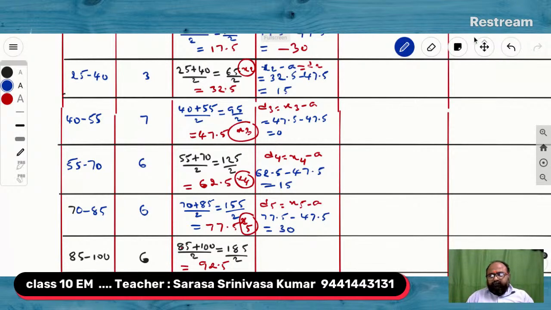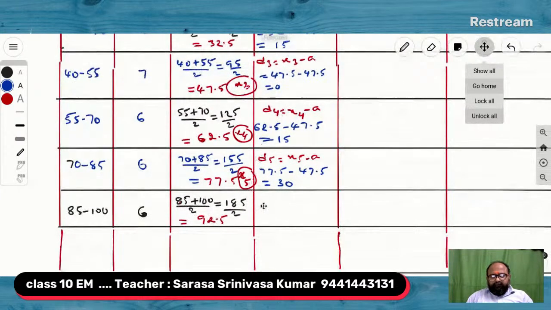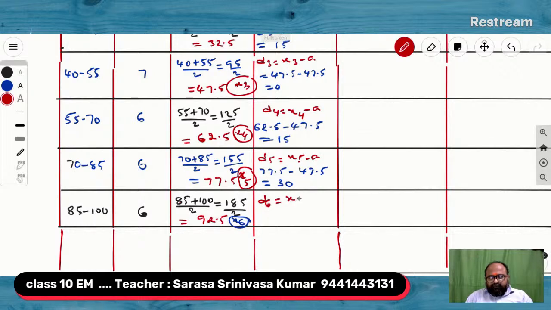The next step, we find d6. This is x6. d6 equals x6 minus a, which is 92.5 minus 47.5, where the assumed mean A is 47.5.